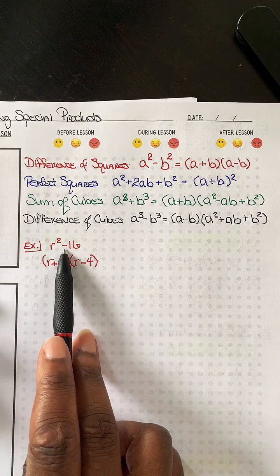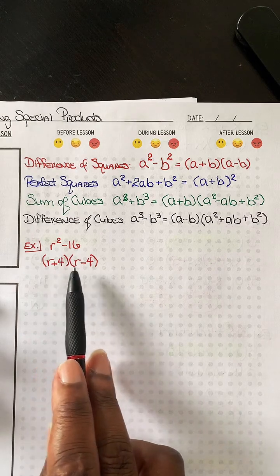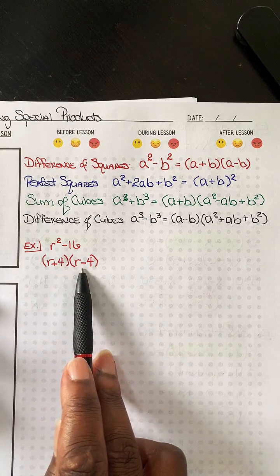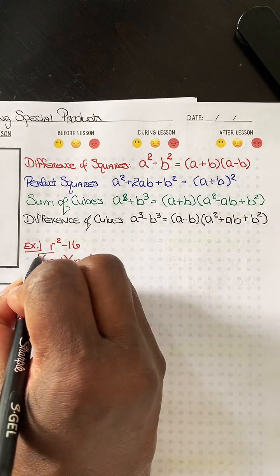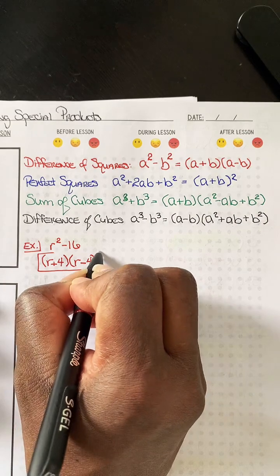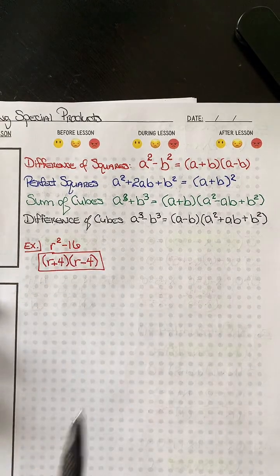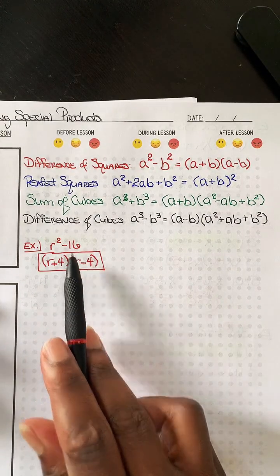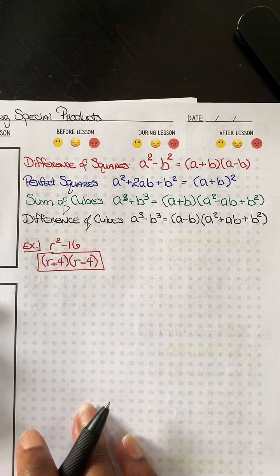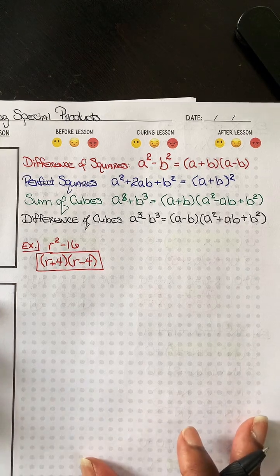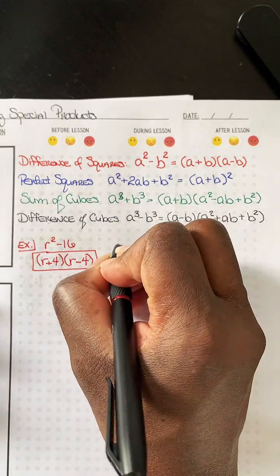When you have a difference of squares, one has to be positive and the other one has to be negative. Okay? All right? So this is your actual answer. The key part is to know your perfect squares, okay? Knowing that multiplication.